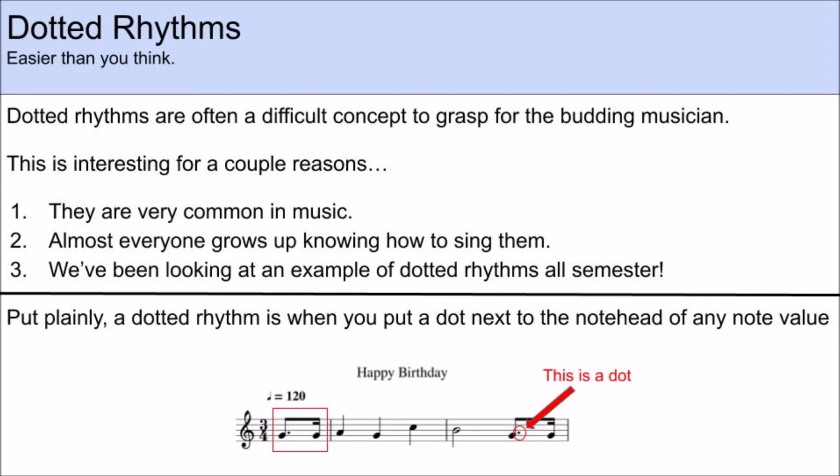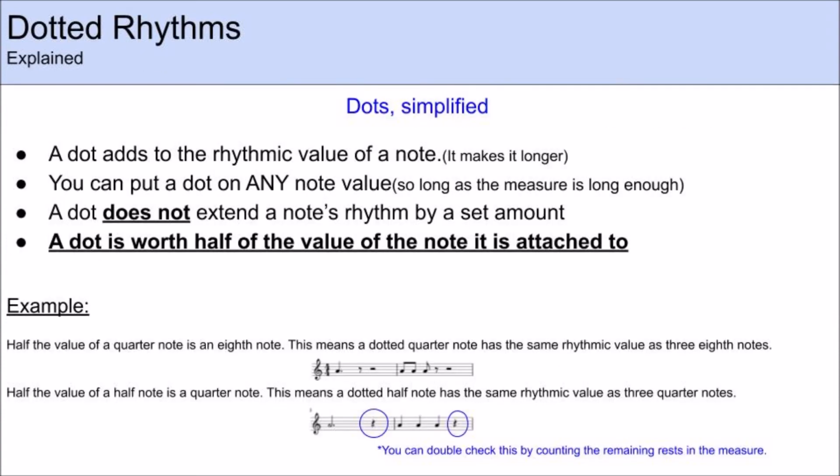And as the slide says, put plainly, a dotted rhythm is when you put a dot next to a note head of any value. These 4 bullet points should tell you everything you need to know about dotted rhythms.